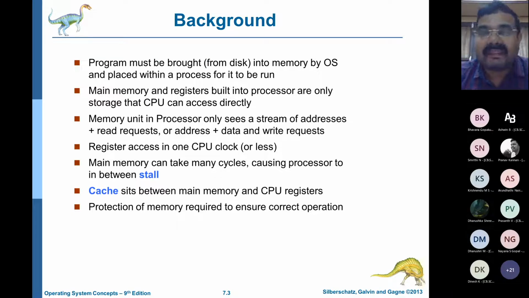And there is also a cache between the main memory and the CPU registers. So if you have so many instructions to do, they are lined up in a queue in the CPU registers, and between the CPU registers and the main memory, there is a cache.